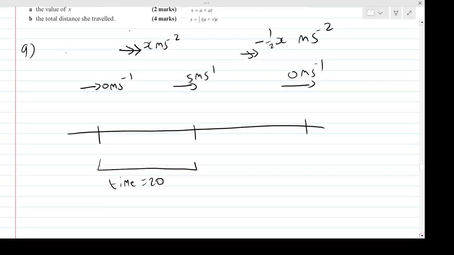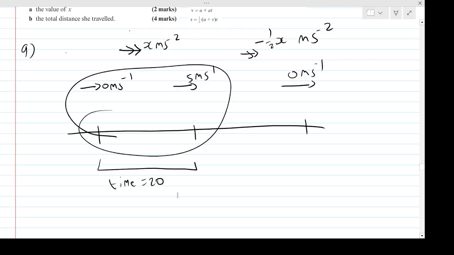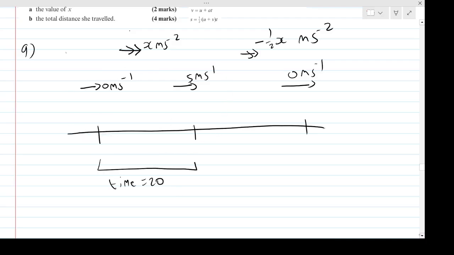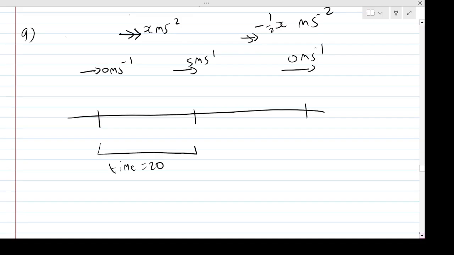So I know the time specifically for this first half of the journey, so let's work with that. I'm going to take the initial velocity to be 0. Firstly, s, I don't know anything about the displacement or the distance, and I don't care about it.